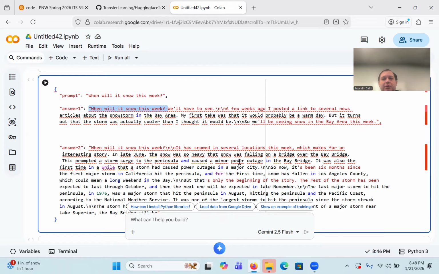It has snowed in several locations this week, which makes for an interesting story. In late June, the snow was so heavy that snow was falling on a bridge over the Bay Bridge. This prompted a storm surge to the peninsula and caused a minor power outage and so on.